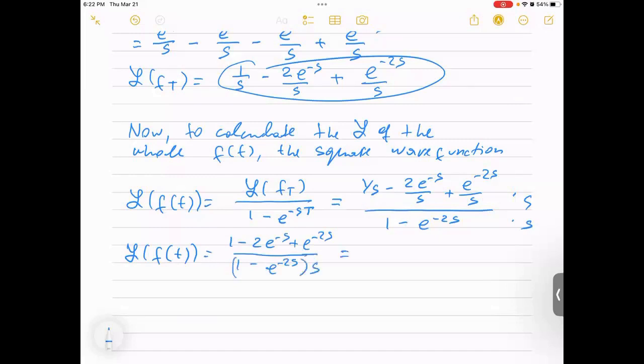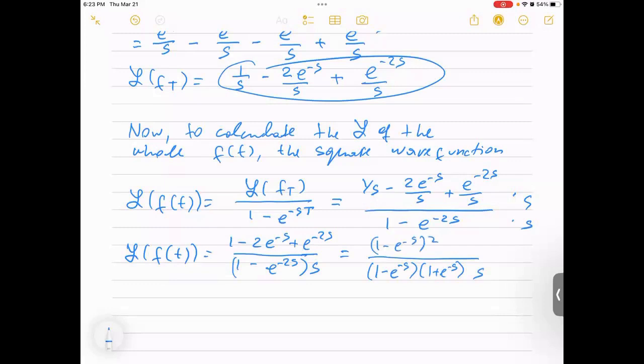We can simplify it further. Notice that on the bottom we have a difference of squares, so 1 minus e to the negative s multiplied by 1 plus e to the negative s. Also notice that on top we have a perfect square, 1 minus e to the negative s squared.